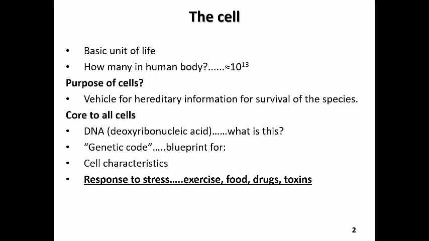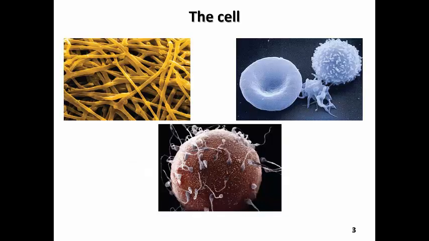It also is responsible for dictating how a particular cell will respond to stress. Some examples of short-term and long-term stressors to a cell include activation through exercise, food, drugs, and various toxins. The key element to DNA is that it ensures the replication and survival of the species.